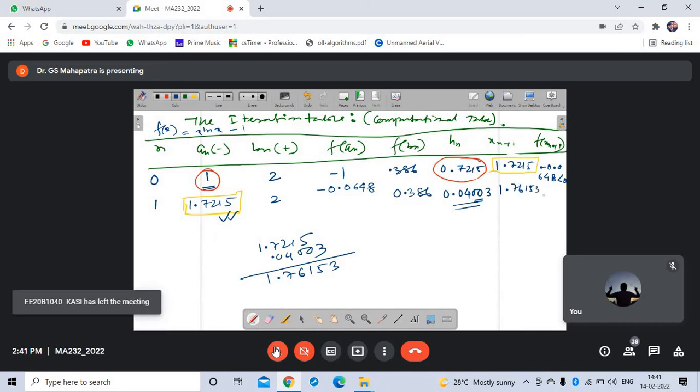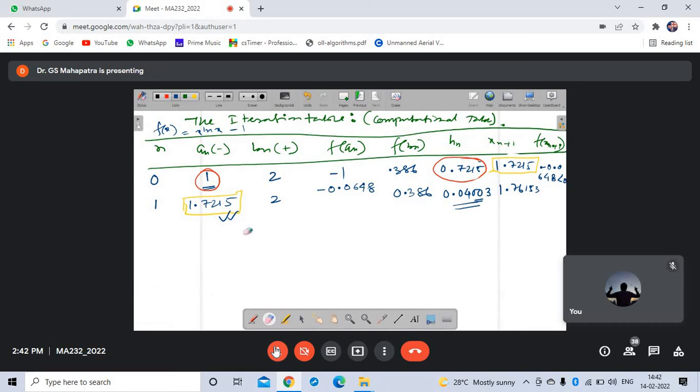What is the f of xn then? Minus 0.0026. Okay, it is again negative, so less than 0.